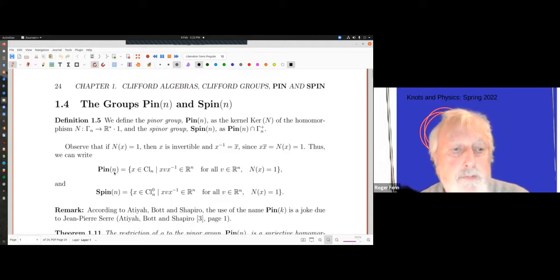So this is what he calls Pin(n), with the norm of x equal to 1, and Spin is where, but once again, in his notation, this means all the even length elements. And CL means Clifford. So this is just a Clifford group of n. The field is R, and it's got n generators.